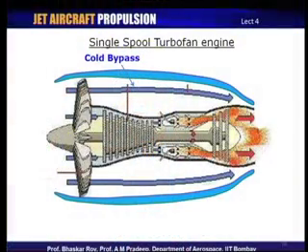We can have a quick look at a very simple single spool turbofan engine, in which it is a single shaft. You just have a turbine, through the single shaft it runs a compressor and it runs a big fan. Big fan produces the cold bypass, it comes through the bypass duct and produces a cold jet, and the inner flow comes through the combustion chamber turbine and then produces a hot jet, and then this hot and cold jet together produce the thrust.